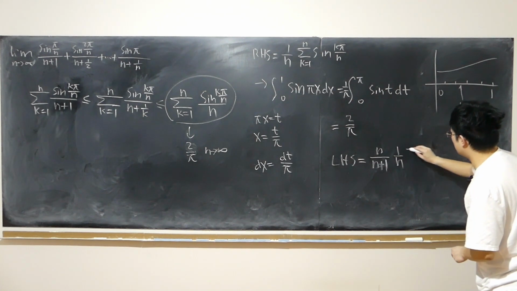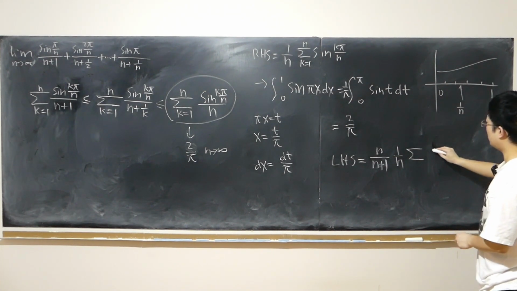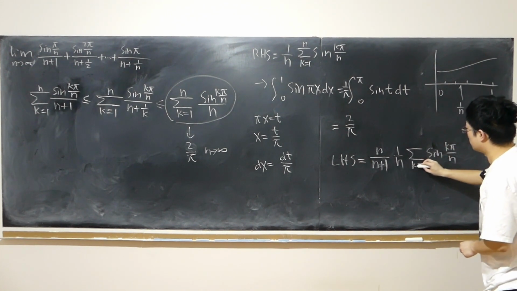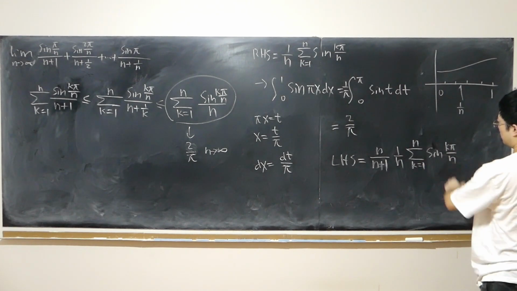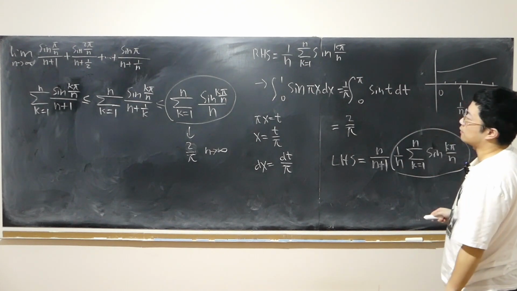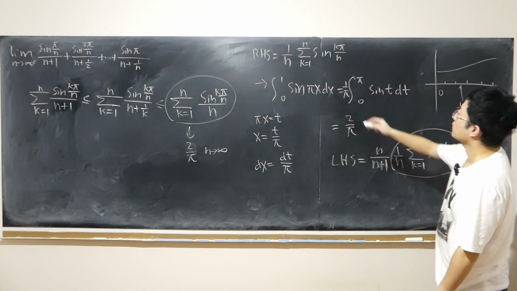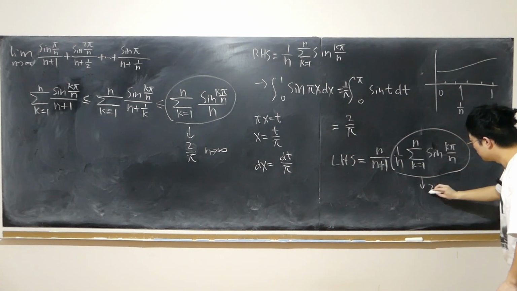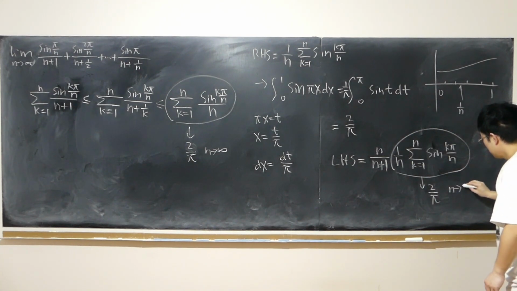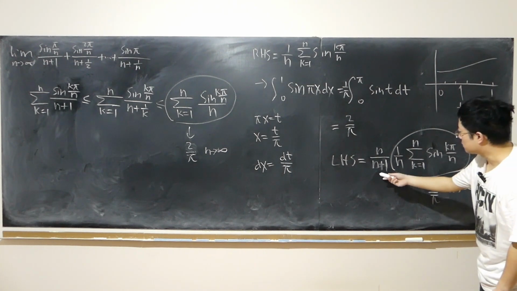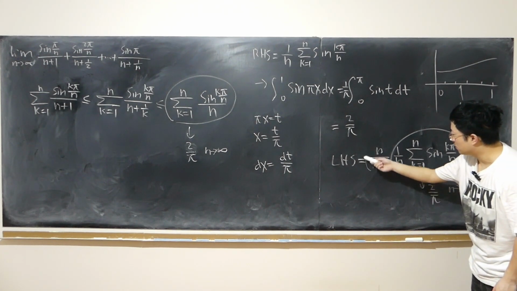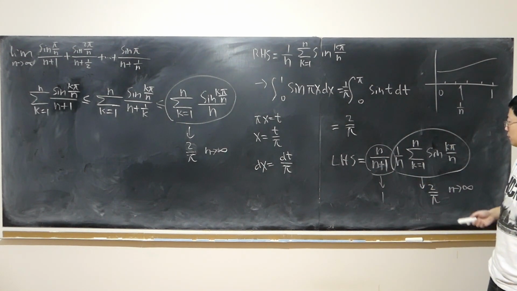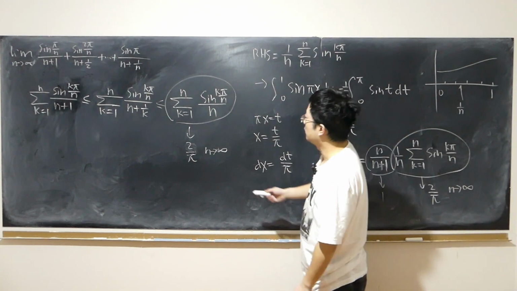So I'm only left with sine k pi over n, k goes from 1 to n. This time this part is exactly the same as this part, tending towards the same limit, 2 over pi. And this part, n over n plus 1, obviously tends towards 1. So the final answer is just 2 over pi.